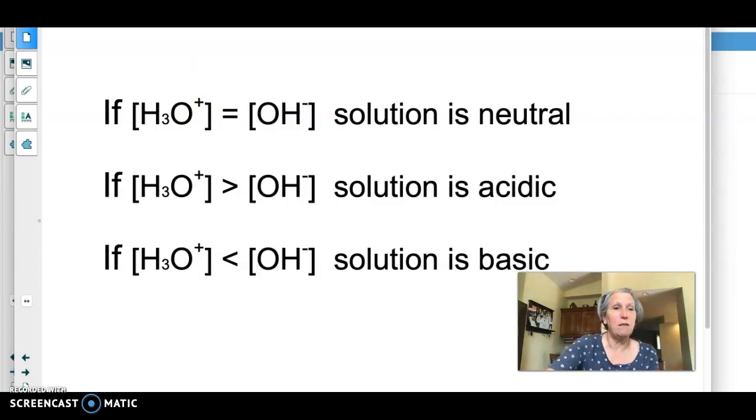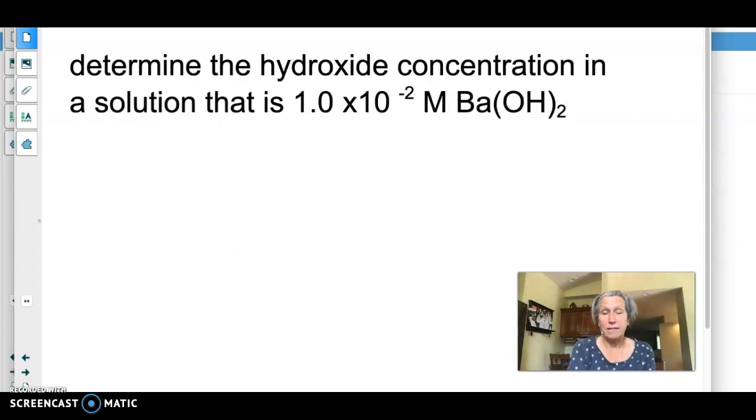Okay? So, your homework tonight, or the work you should do to practice this, will have some problems like that using the Kw equation, so make sure you know how to do that. And to prepare you guys, there's also one other glitch that you have to watch out for, and that is determining hydroxide ion concentrations when I give you a solution like this, okay?